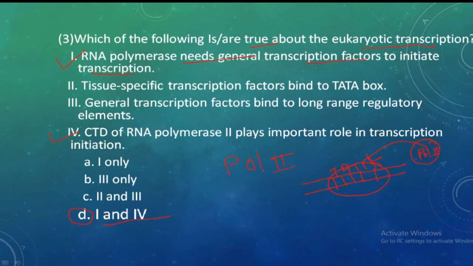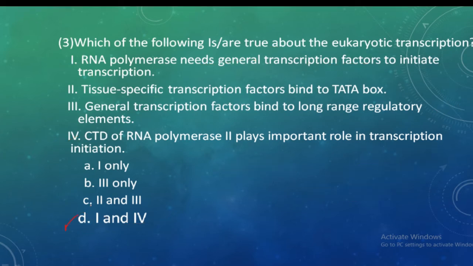Tata binding protein is TBP. This Tata binding protein will recognize this Tata box. It will help to recognize it. So we know that D is the answer. That means options 1 and 4 are correct.